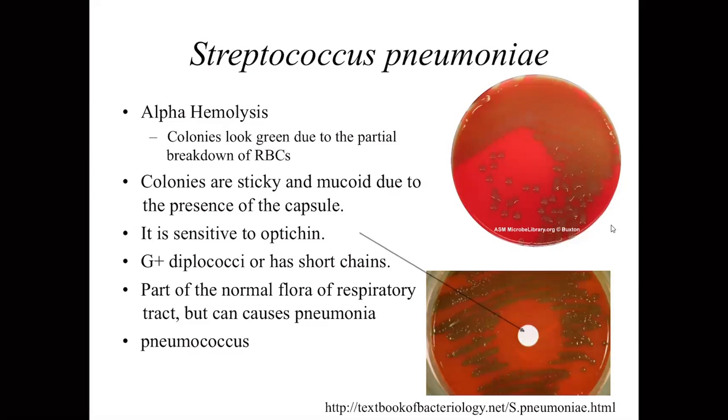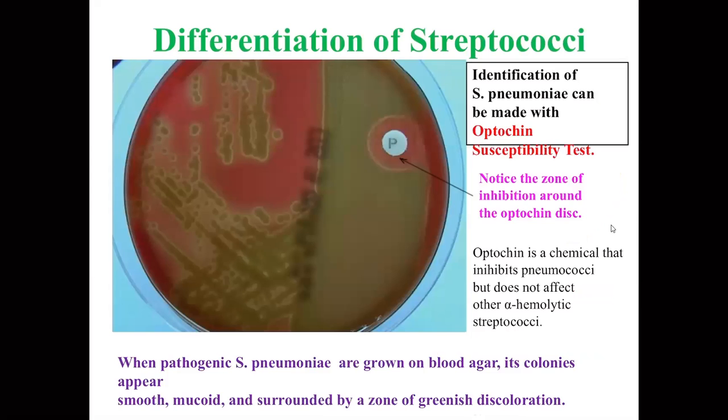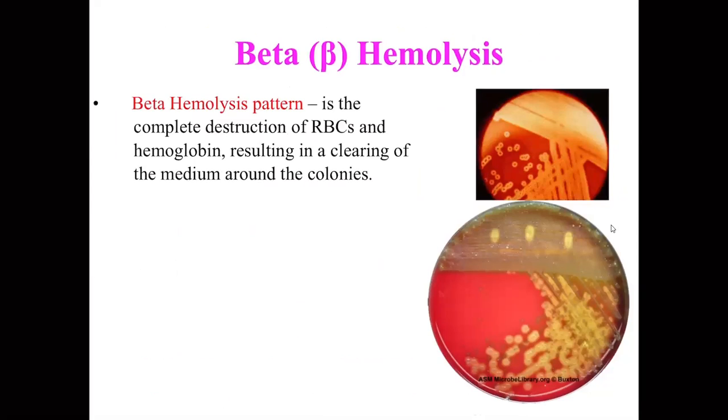One is Streptococcus pneumoniae, and it looks really sticky and goopy, and it is green. The colonies look kind of green around it, a real kind of disgusting green. It's not pretty, right? And then beta, it's totally clear.